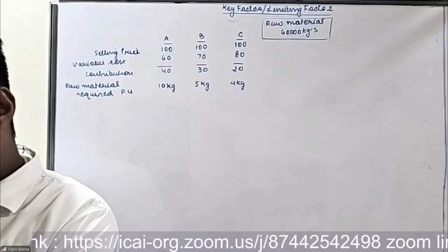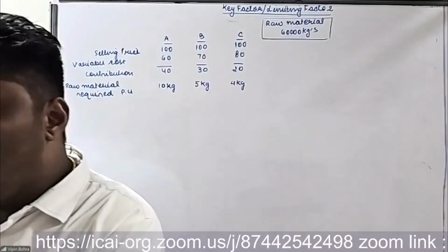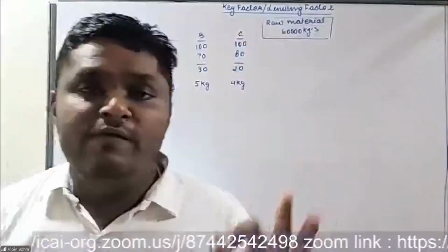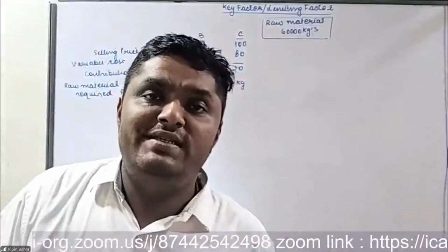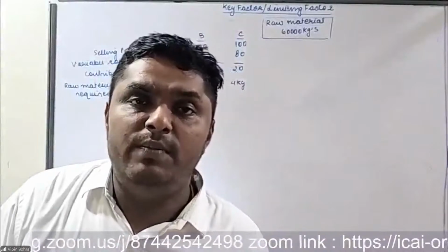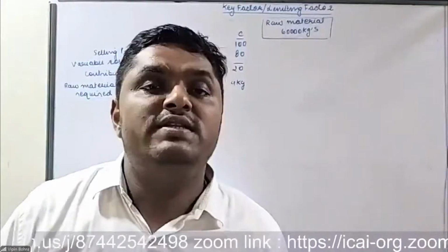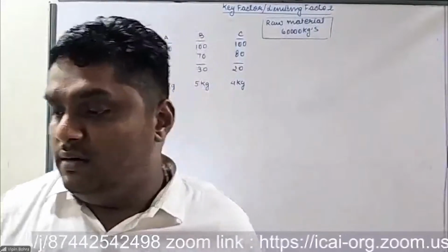All your answers were correct, Sweetie, Unnikrishnan, Sushil Kumar, Sujay. Now, please answer which product we should manufacture and sell so that we can get the maximum profit, keeping in mind that we have only 60,000 kgs of raw material available with us.